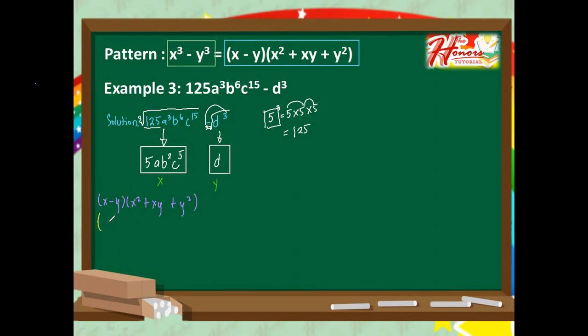And that is, for x, we have here 5ab squared c raised to 5 minus y is d, times x again, that's the quantity of 5ab squared c raised to 5 squared, plus x again, so that is 5ab squared c raised to 5 times the value of y, which is d, plus value of y again squared. Now, let's solve.